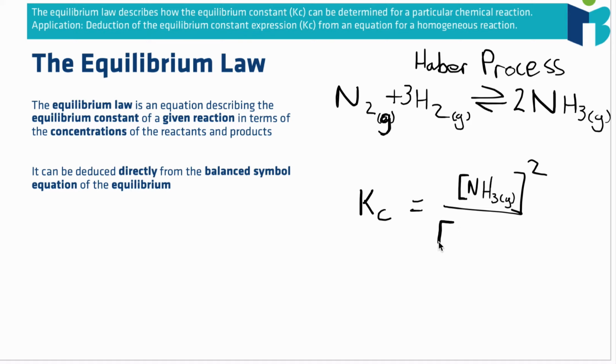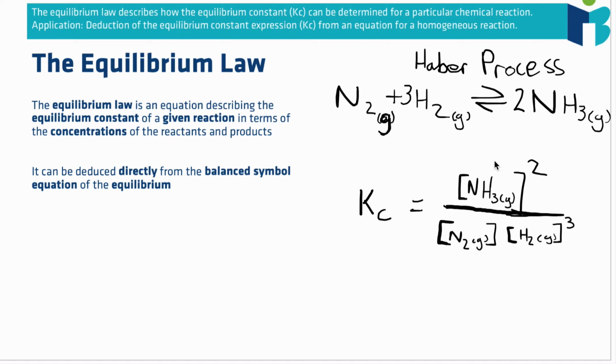In the denominator, we have our reactants. That means we have nitrogen gas and hydrogen gas. The nitrogen gas concentration is just going to be raised to the power of 1 because we only have 1 mole of N2. The hydrogen gas concentration is going to be raised to the power of 3 because we have 3 moles of hydrogen gas. Just need to extend that line. And this is our equilibrium law for the Haber process.